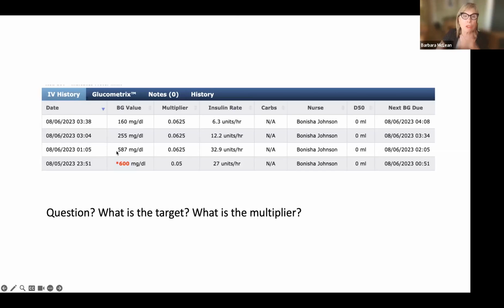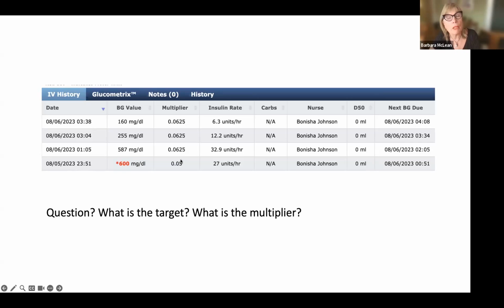If you look at this patient, you'll see here, patient starts at 600, target. Your question would be, and I am so appreciative, I had a fantastically responsive CV-ICU APP, I'm not going to say who it is, who I called about this patient, because when I saw what was happening, first of all, my friends, the patient's multiplier is 0.05.